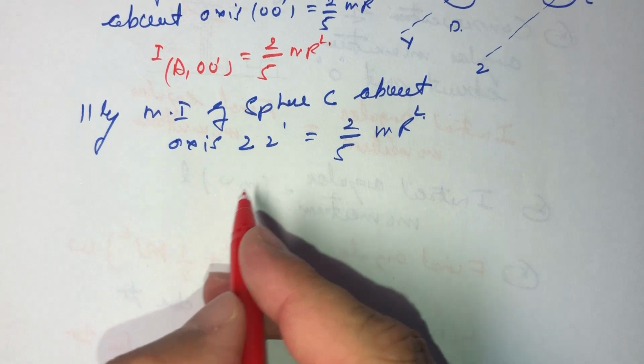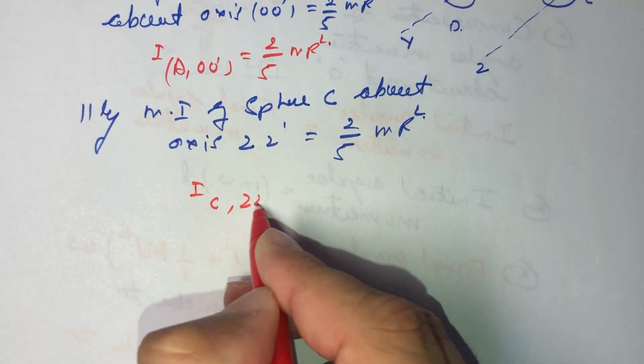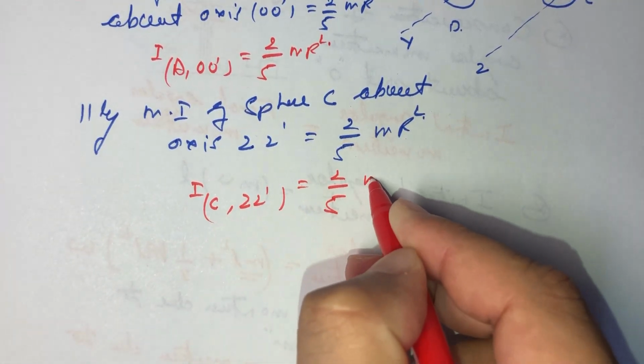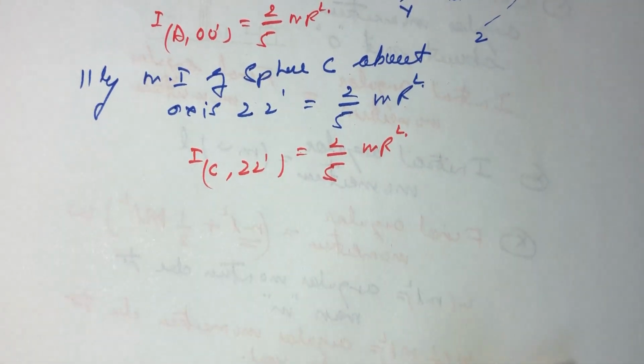So we can write this as moment of inertia of C with respect to axis ZZ prime is equal to 2 by 5 mr square.